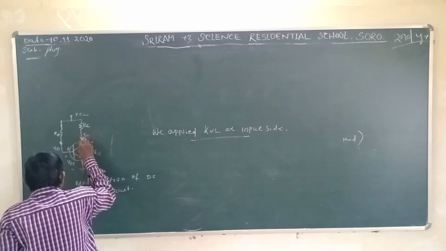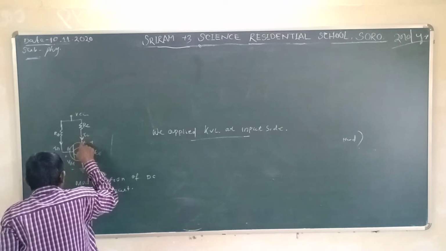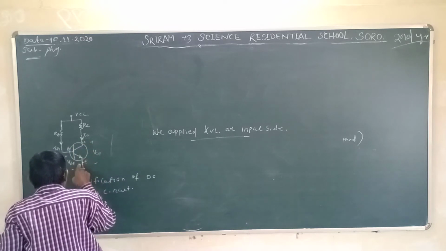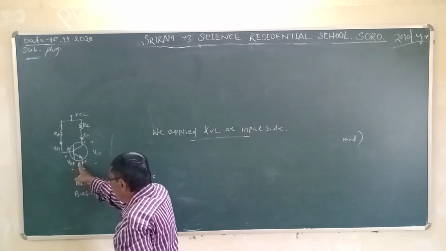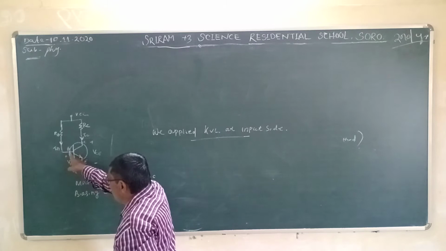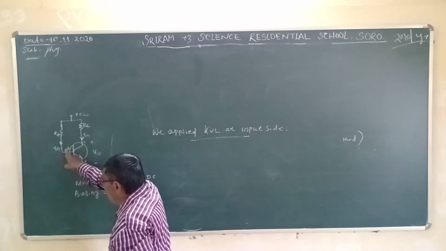This point is the voltage of the collector, and this point is the voltage of the emitter.